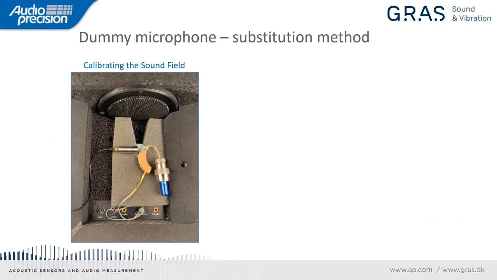And we would love to sell you 2 microphones and a 2-channel analyzer, but you can also do these tests with a single microphone by using what's called the substitution method. So with this method, when you're calibrating the sound field, setting its level or adjusting the equalization of the speaker, you would put the reference microphone at the test point at the center of the blue circle here in front of the speaker, and you would put the dummy microphone inside the coupler.